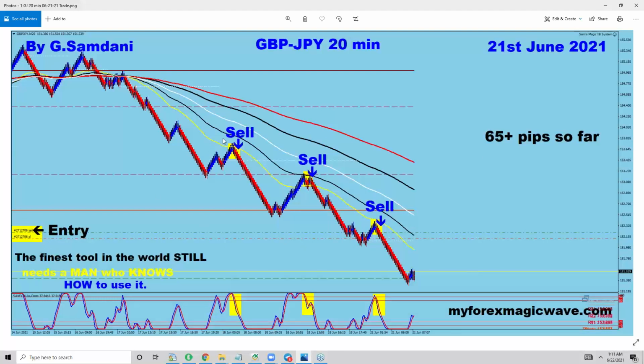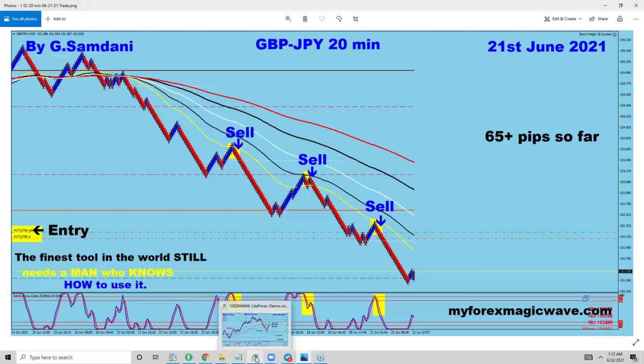So I had this one for 75, this one for 60 on the 18th, and then this week, on the 21st, I have this one, and it came here, started wobbling at this support area, sell, and I said, well, 65 pips. Usually when I take the profit, I close the trade. The reason that I closed that trade is because this area, you can see right now, is 153, the price.